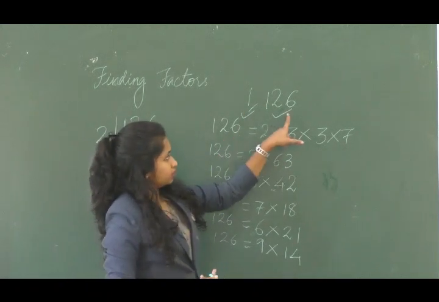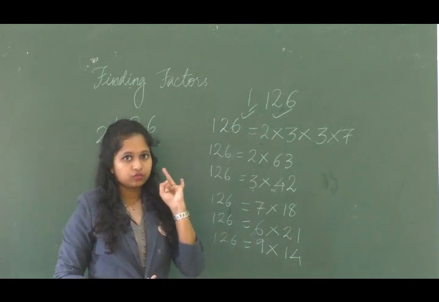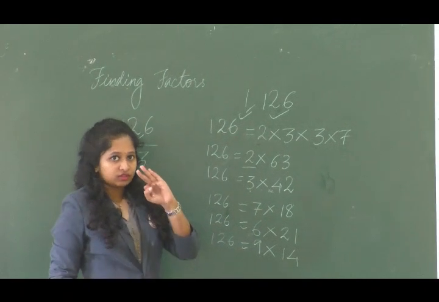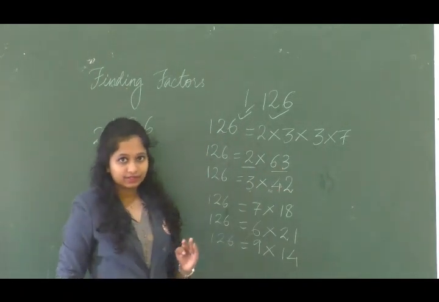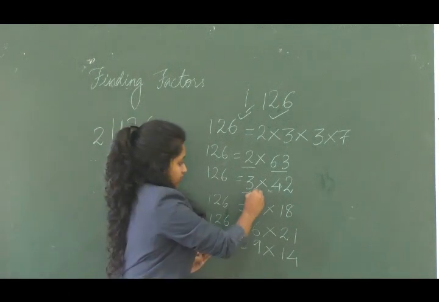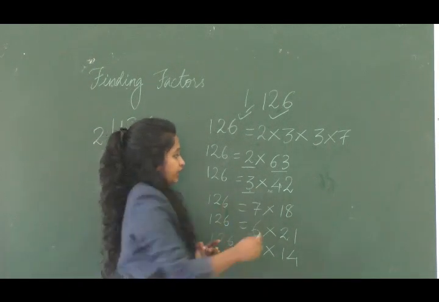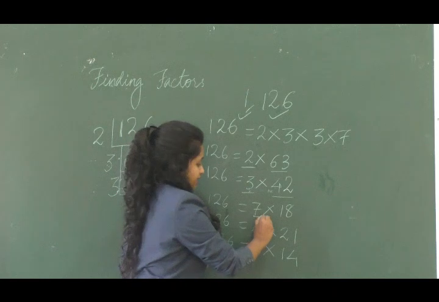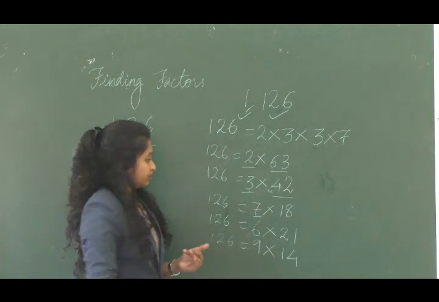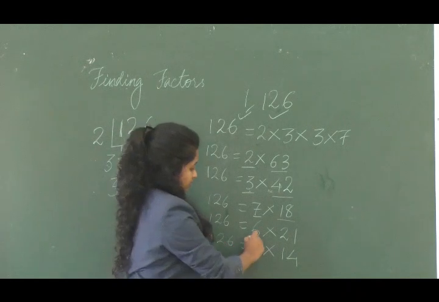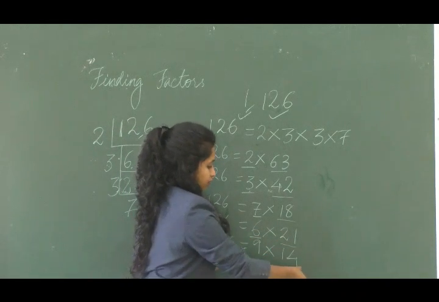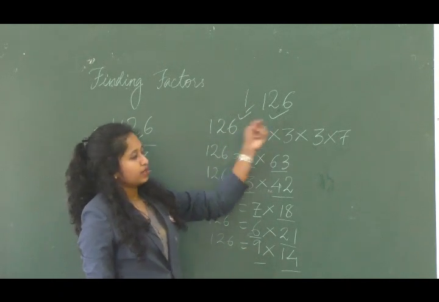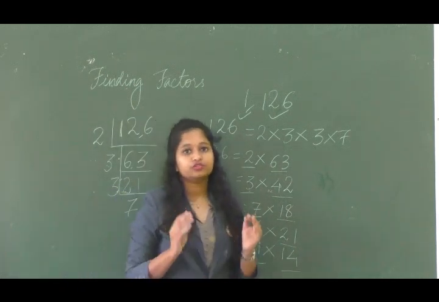So 1 and 126 are the two factors of 126, and the next factor is 2, and another factor is 63. The next factor is 3, and one more factor which is 42, and next factor is 7 and 18, 6, 21, 9, 14. So all these 10 numbers along with 1 and 126 are the factors of 126.